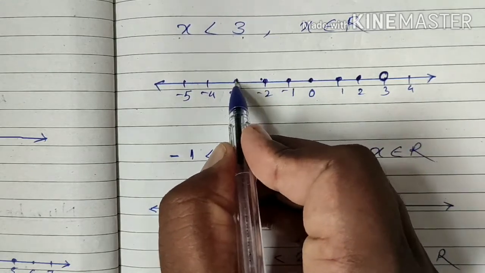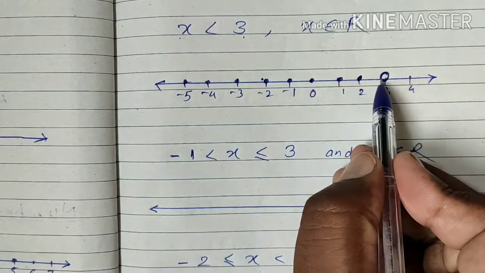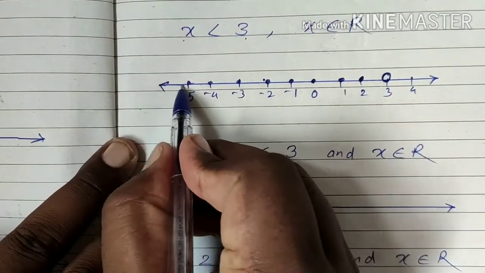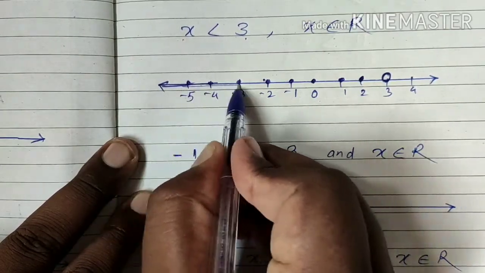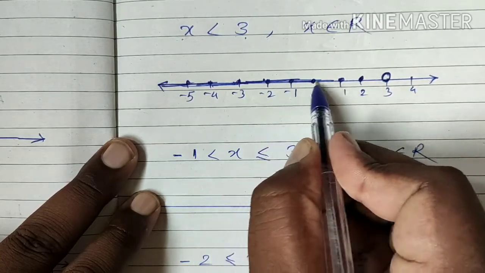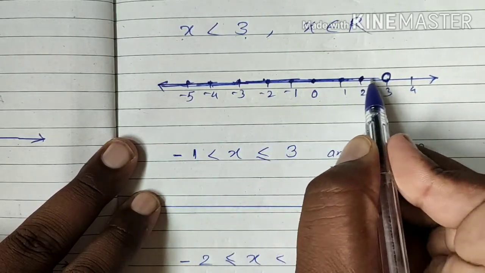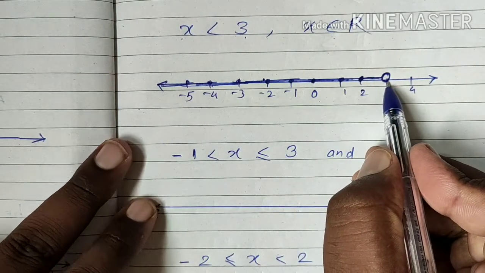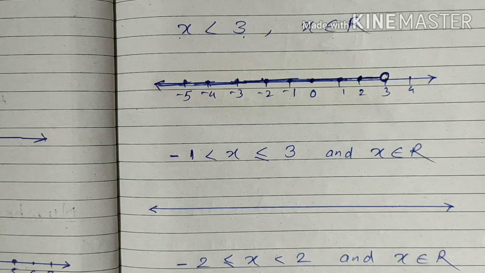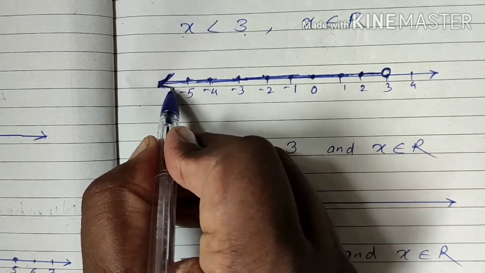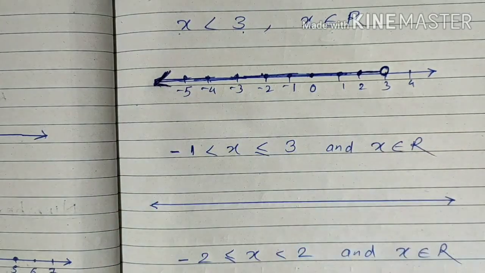It includes these numbers, and also numbers in between 2 and 3, like 2.1, 2.2, everything. So we give the dark line. In case of real numbers, we represent with the dark line as well as dots. Since 3 is not included, give this unshaded hollow circle. Also it is up to infinity, so give this dark arrow.